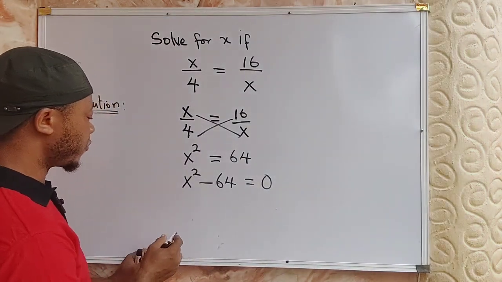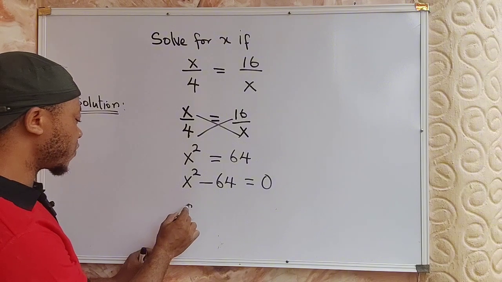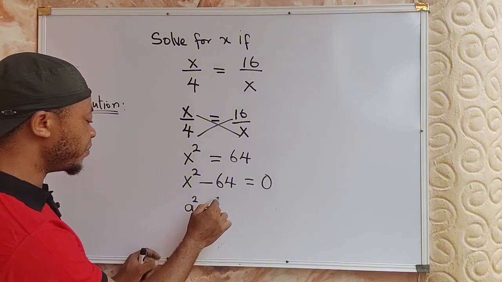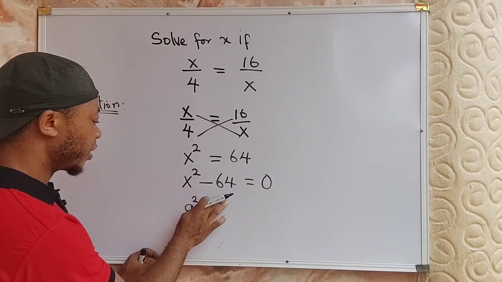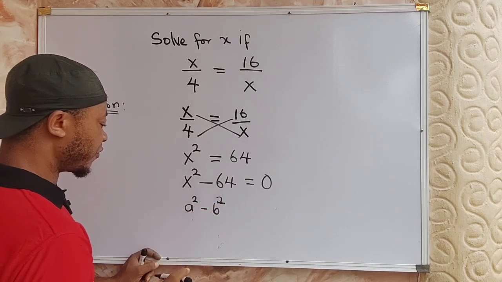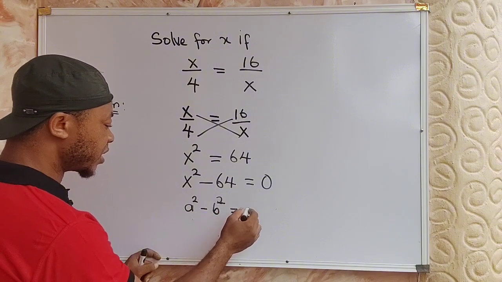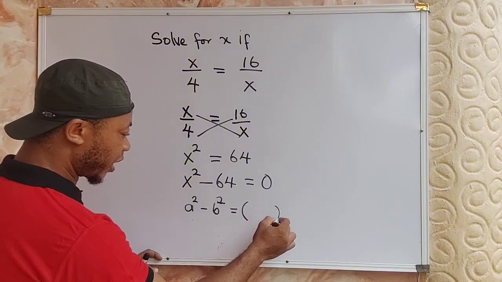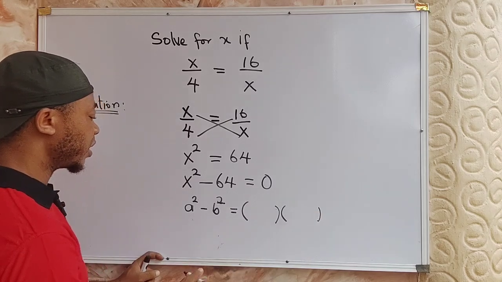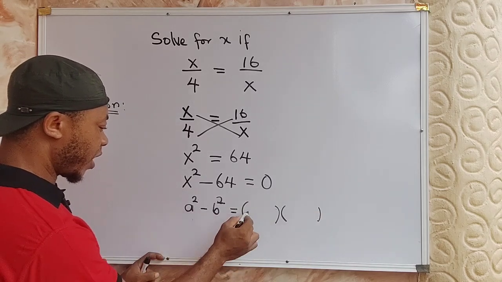So difference of two squares says if we have the square of a minus the square of b, okay? If we have a squared minus b squared, this is the same as opening two brackets, okay? We open and close two brackets. In the first bracket, we have a.